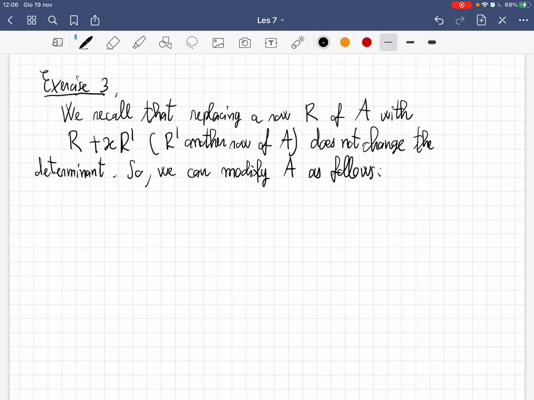For example, here I've written just a few words saying that if we have a matrix and we replace one of its rows with itself plus a multiple of another row, then the determinant doesn't change.